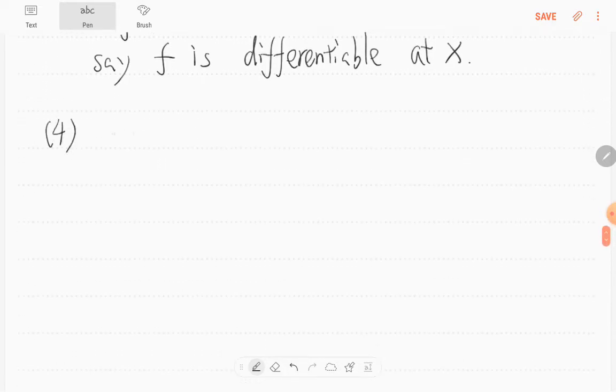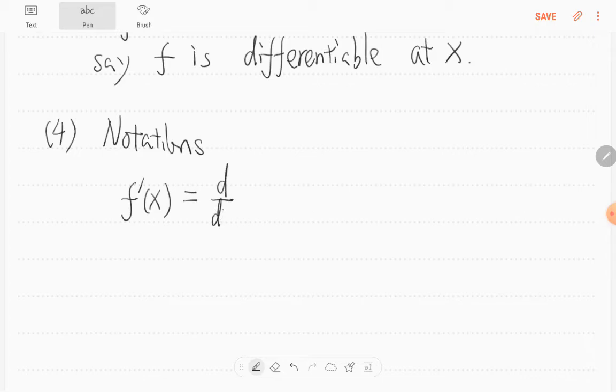Number 4 is about the notations. In the future you will see that many textbooks use different notations to represent the derivative. Here are some notations you will often see. f prime of x, the derivative of f at x, we also write as d over dx of f of x.